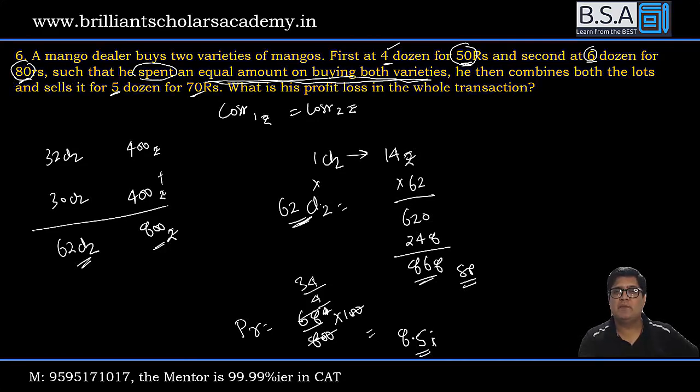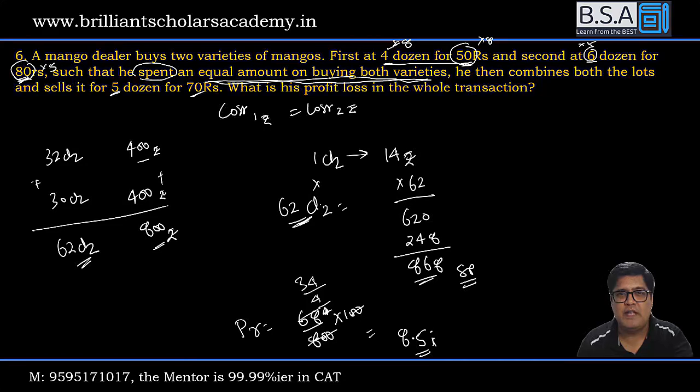To make this part 400, I must multiply 8 here. So for 400 rupees, I can buy 32 dozen. To make this one 400, I must multiply 5 here. So I'm able to purchase 30 dozen for 400 rupees. So how much have I purchased? I have purchased 62 dozen for 800 rupees.